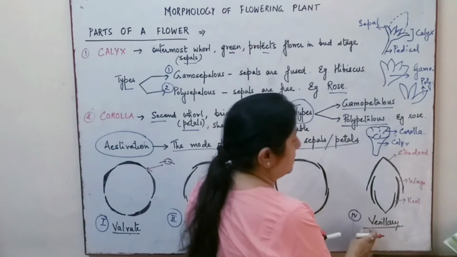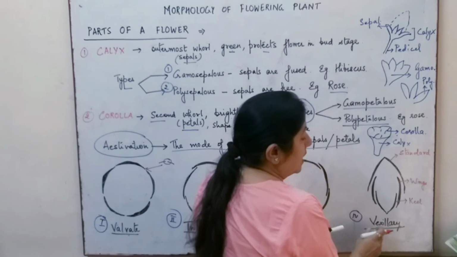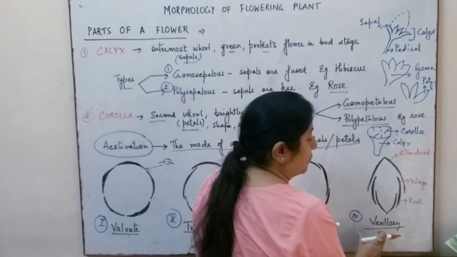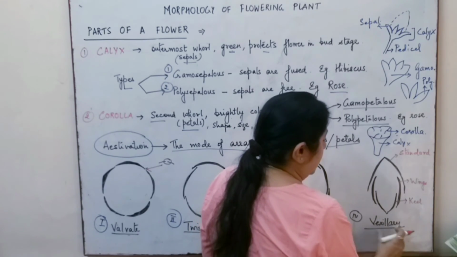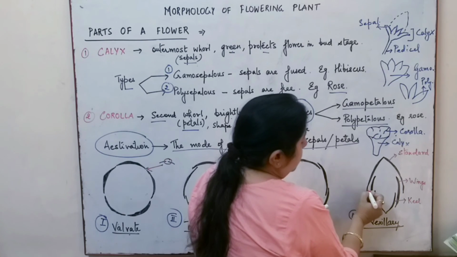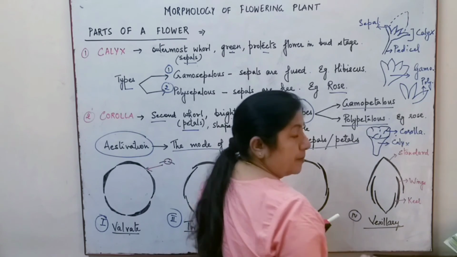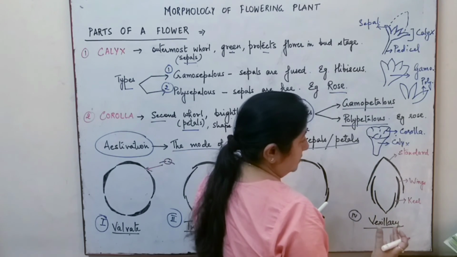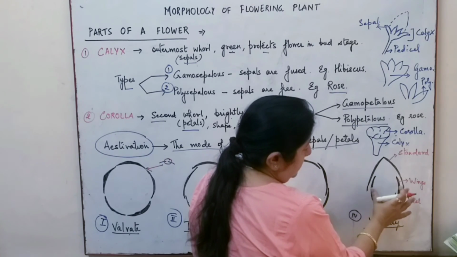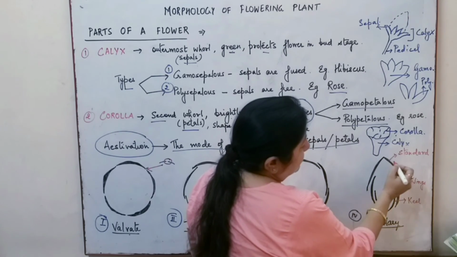The fourth type is the vexillary type. In the vexillary type of arrangement of the flower, there is one single large petal, which is the standard.